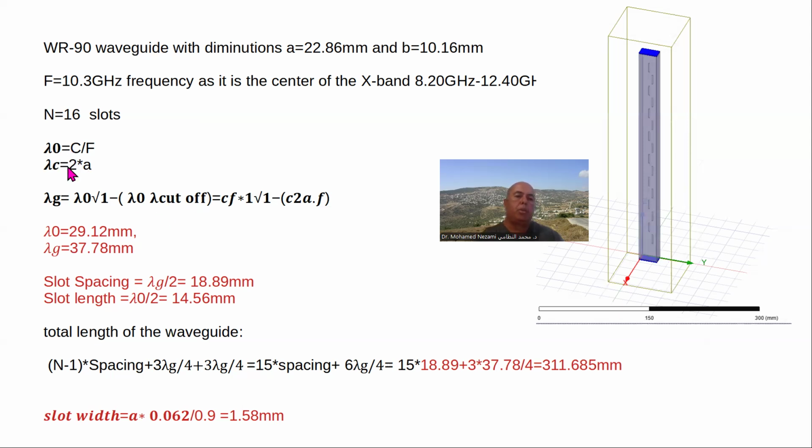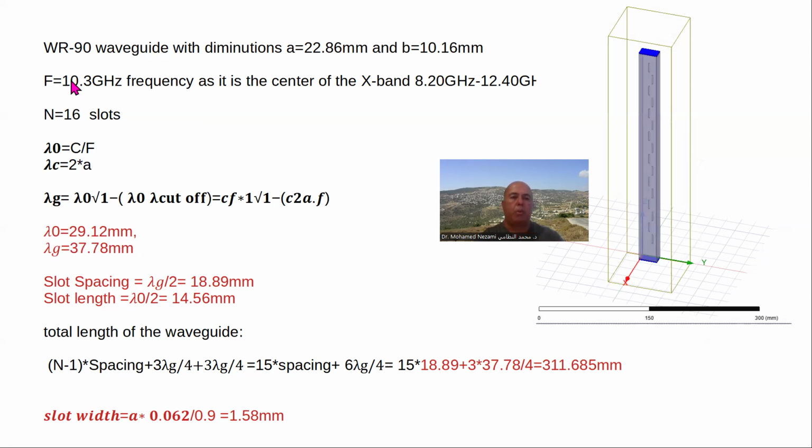So starting out with just the TE10 waveguide equations, like the cutoff wavelength is twice the broad wall distance, the free space wavelength is the speed of light divided by frequency. The waveguide wavelength is defined by this equation, which is standard. And I come up with all these numbers in here.